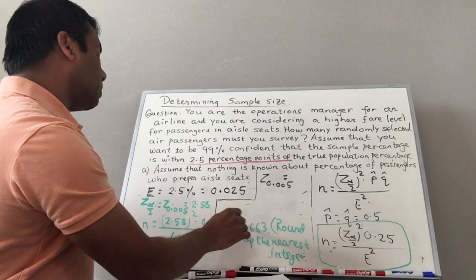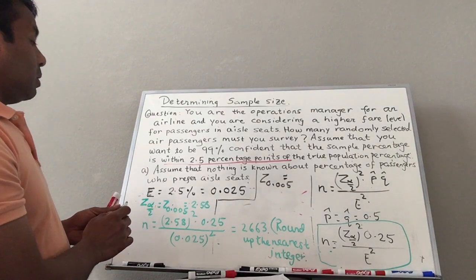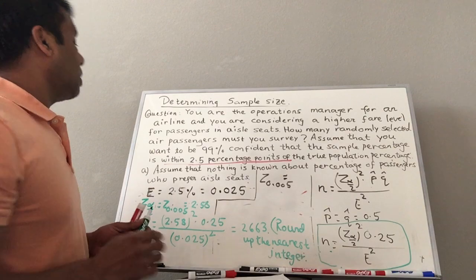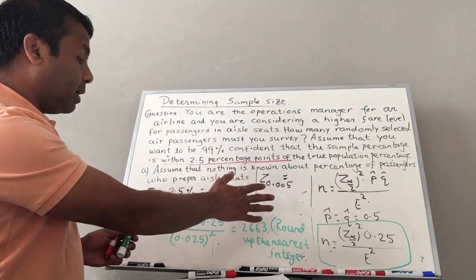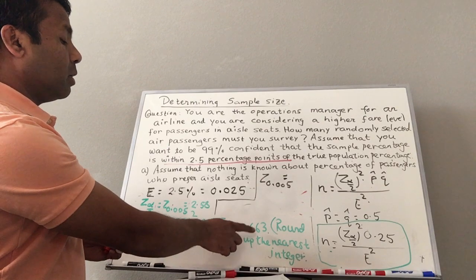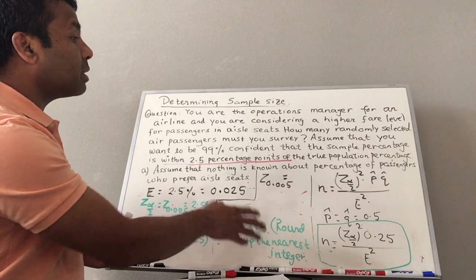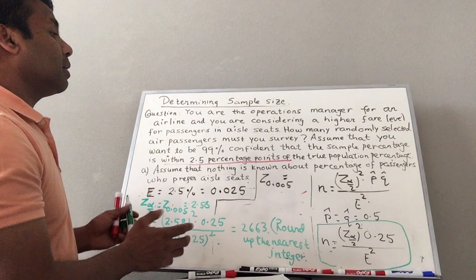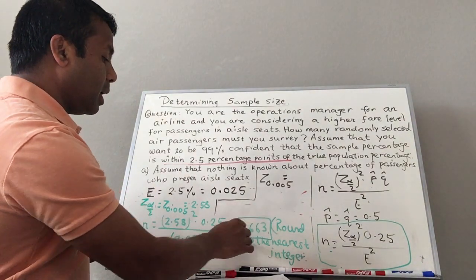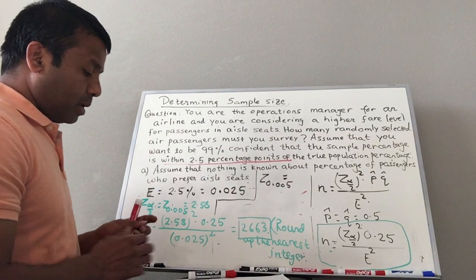So this is the sample size. So if we know nothing about the percentage of passengers who prefer aisle seats, we will select 2,663 passengers in our survey. Okay, so this is the answer for part A.